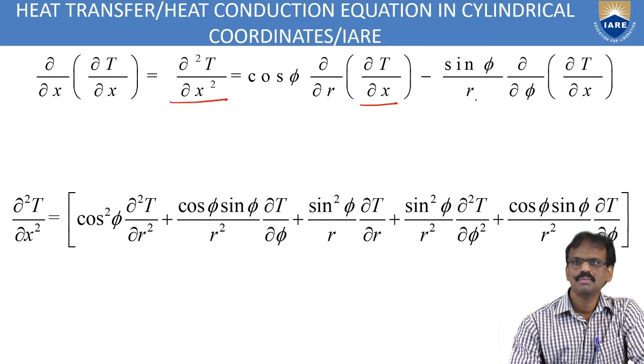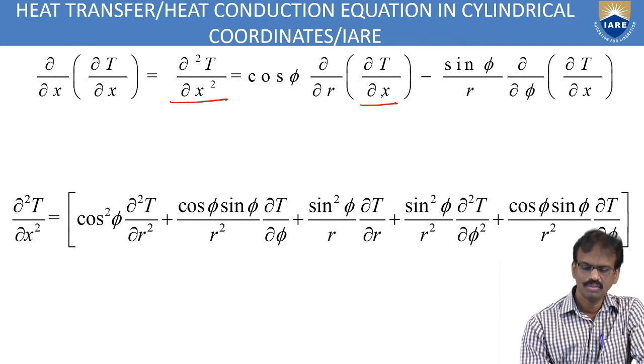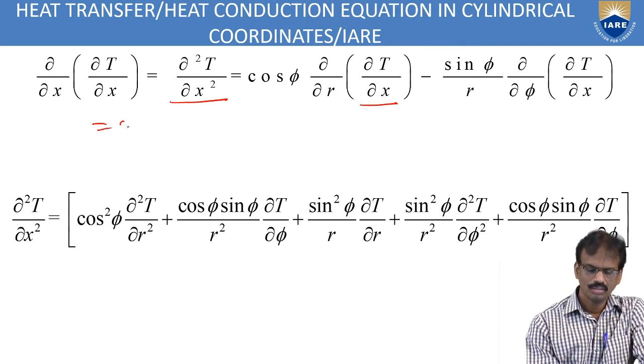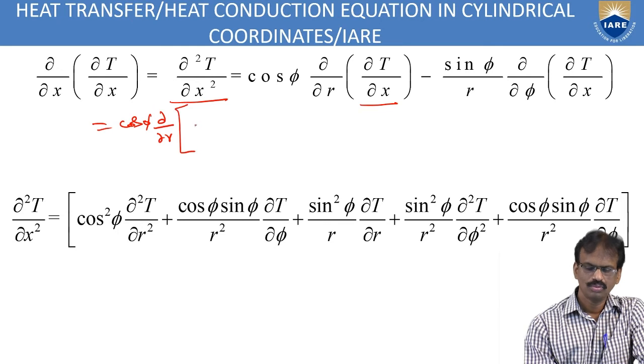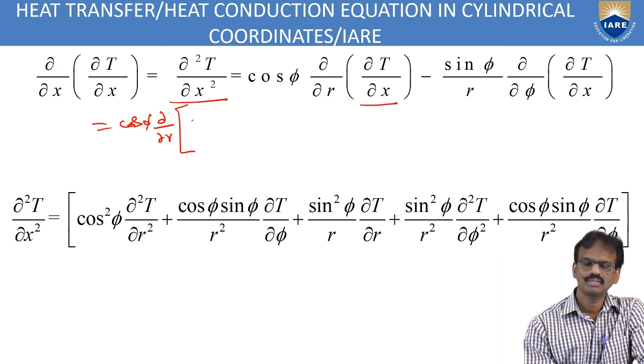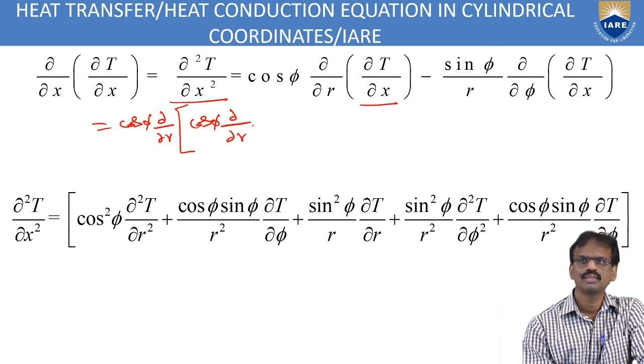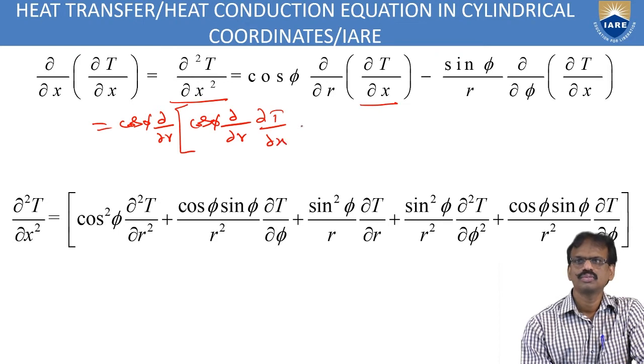So minus sin φ by r into ∂/∂φ of ∂T/∂x. Here ∂T/∂x value, you know that, so that is cos φ into ∂/∂r of, so what is ∂T/∂x?